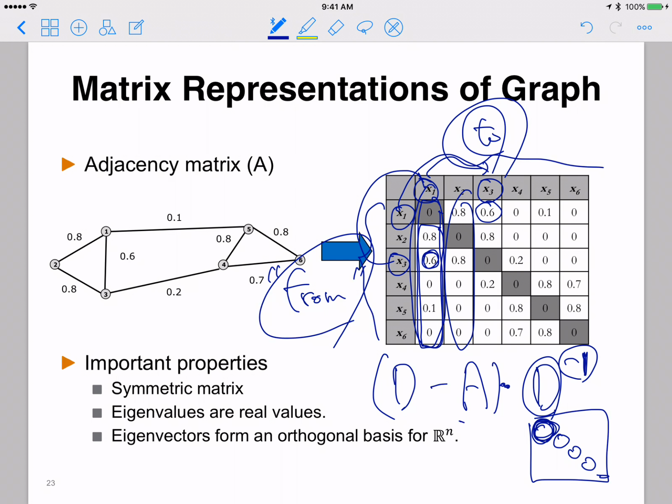That's what this multiplication on the right is doing. A diagonal matrix multiplied on the right does column-wise scaling, so we divide each element by its column sum, and each column becomes 1.